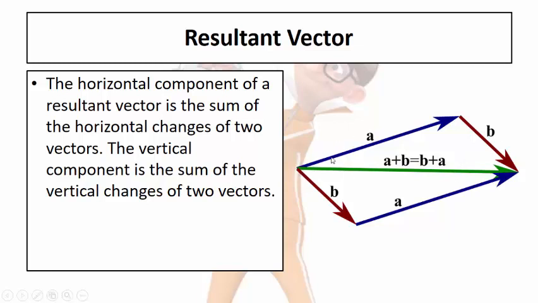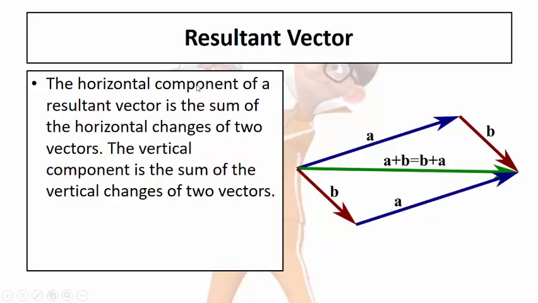So if you want a plus b, if you were to walk along vector a and then walk along vector b, so that is the sum a plus b, then the resultant vector is the shortcut between the beginning of a and the end of b. You'll notice you can reverse this order, first walking along b and then along a. They're actually the same, but the picture you would identify is different. So b, a, the resultant vector starts at the beginning of that and ends at the end.